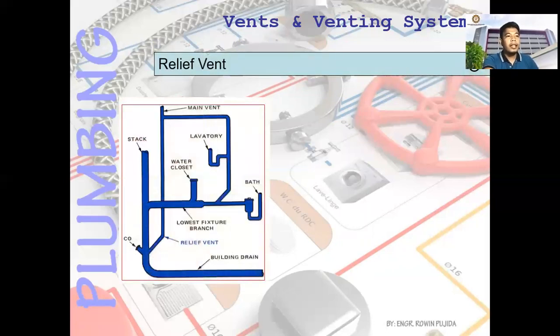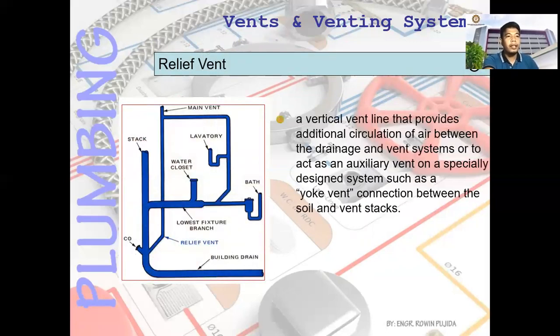Another is the relief vent. Okay. A vertical vent line that provides additional circulation of air between the drainage and vent system, or acts as an auxiliary vent on a specifically designed system, such as a connection between the soil and the vent stack. So this is the soil, or sometimes the main soil or the stack, the vent stack.